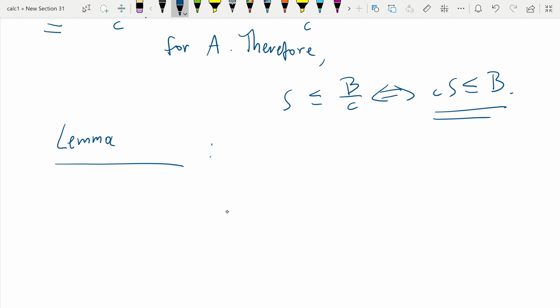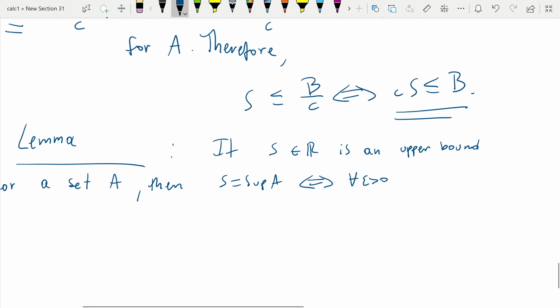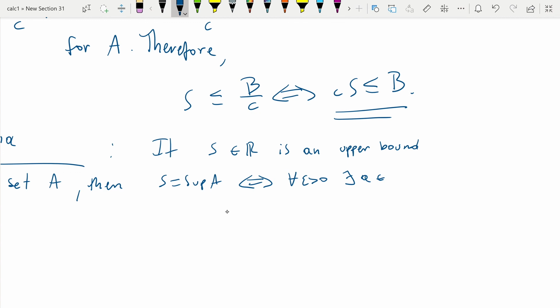If S in R, so it's a real number, is an upper bound for a set A, then S is the supremum of A if and only if, given any epsilon greater than 0, there exists an a in A such that a is bigger than S minus epsilon.